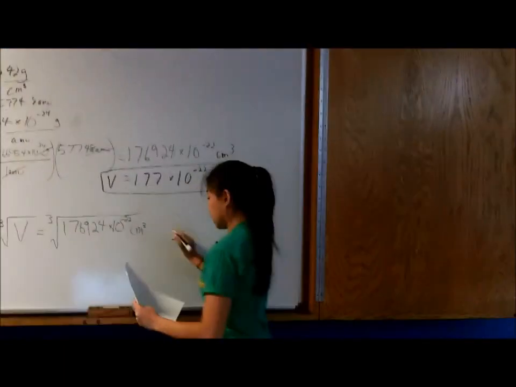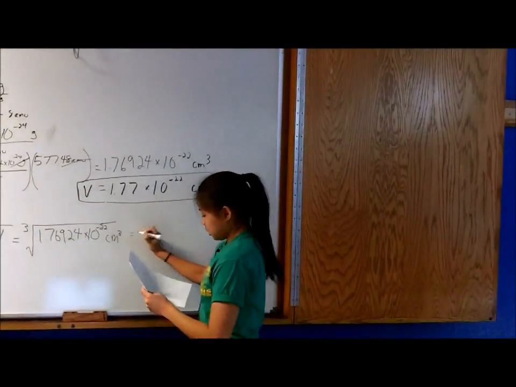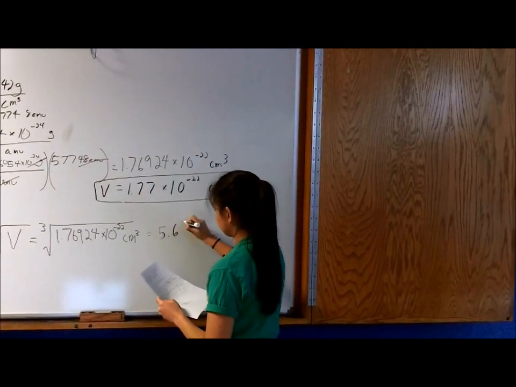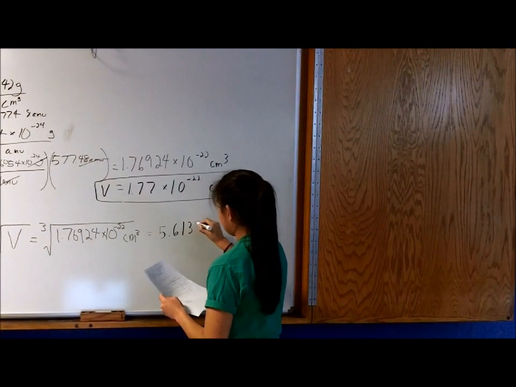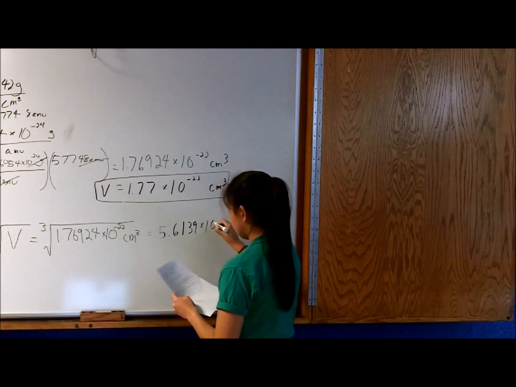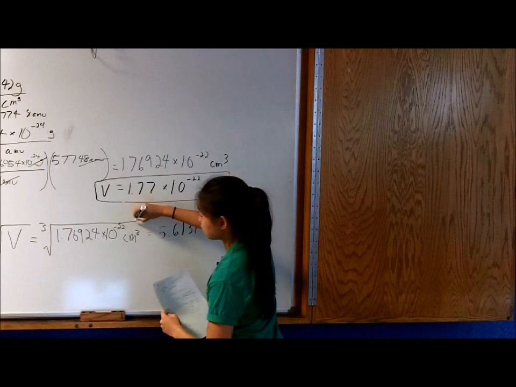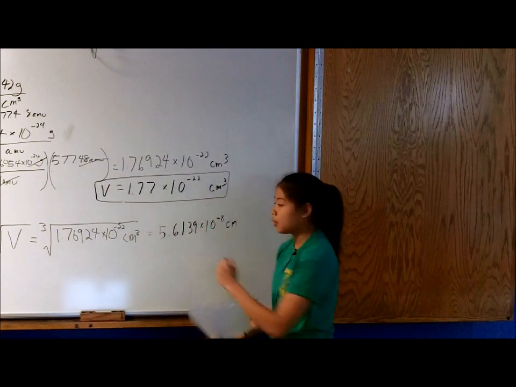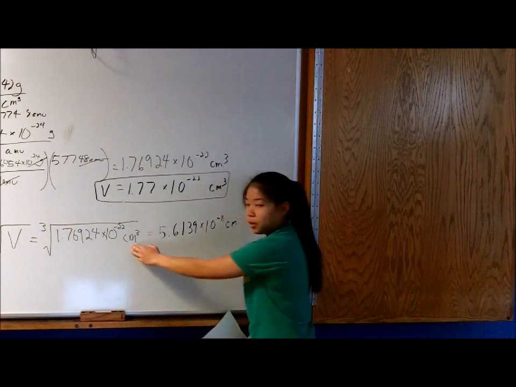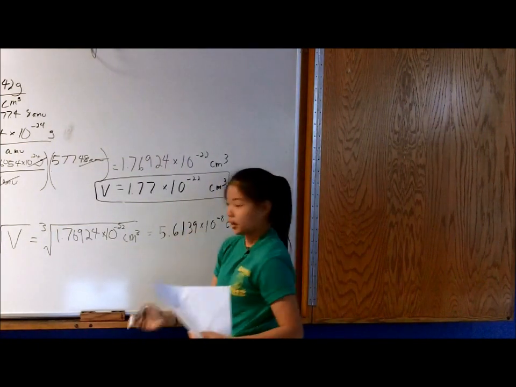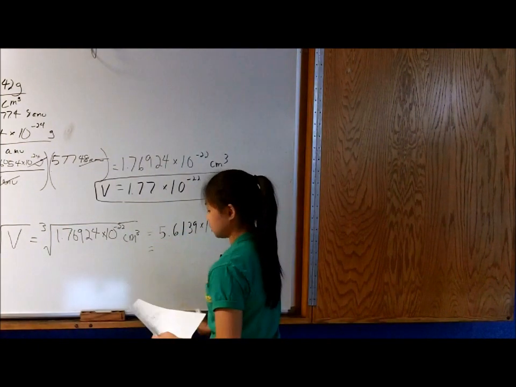And then you get 5.6139 multiplied by 10 to the negative 8th centimeters. You can see also my units line up, because I'm cube rooting centimeters cubed, which gives me centimeters, a unit for length. So I know I'm going in the right direction here.